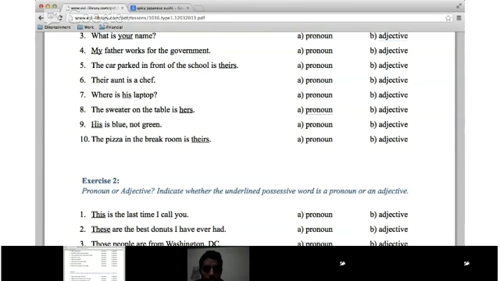His is actually replacing that noun, and it could be a shirt. You don't know, but all you would have to do is say his shirt is blue, not green. Once you add shirt here, his then becomes an adjective. But since there's not a noun after it, his is a pronoun.